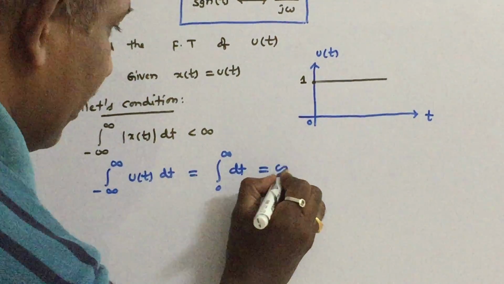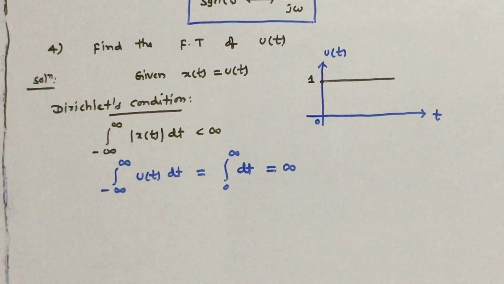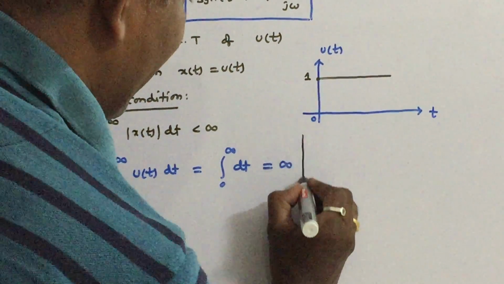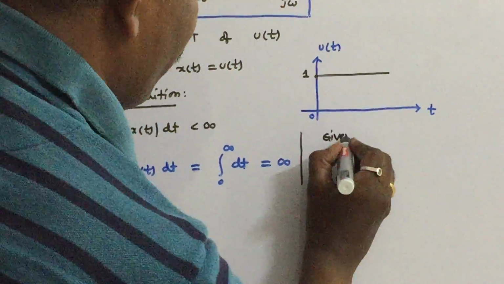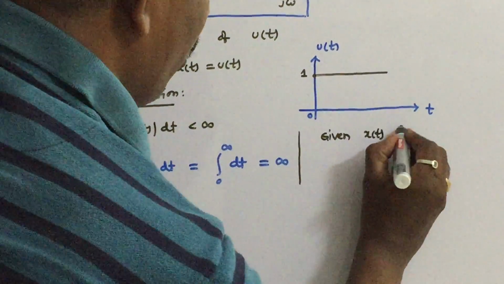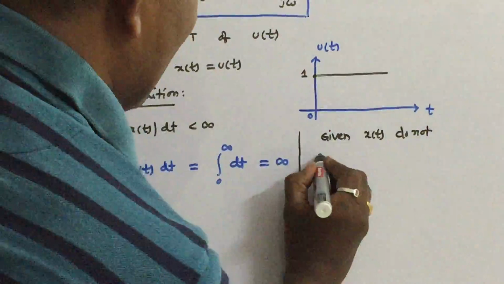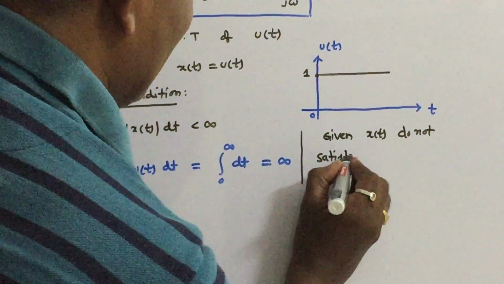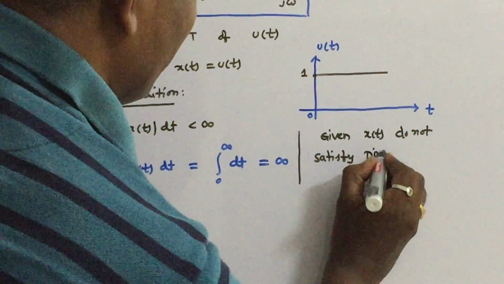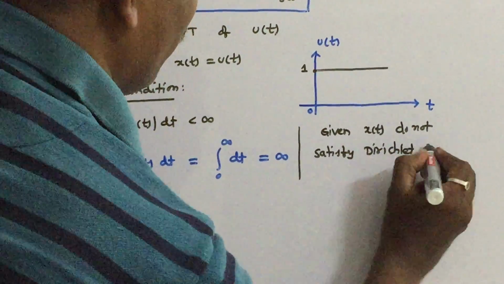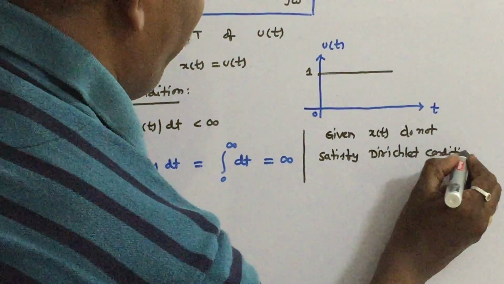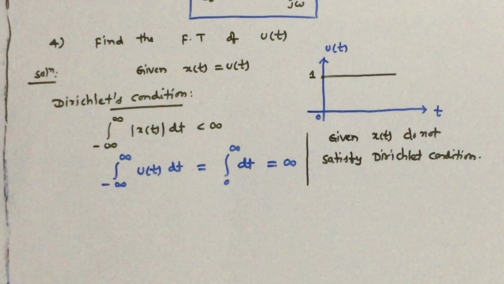So the answer is infinity. Therefore, given x of t does not satisfy the Dirichlet condition.